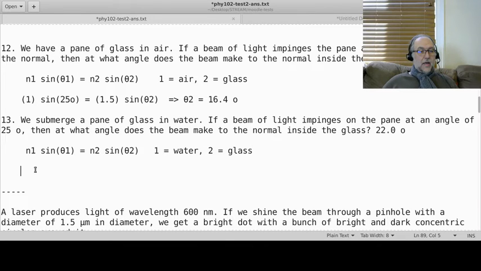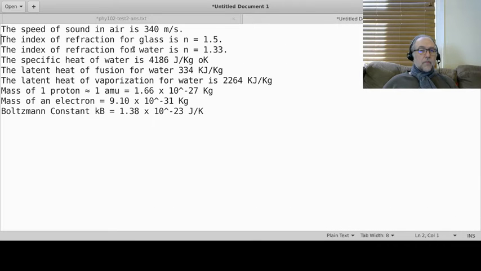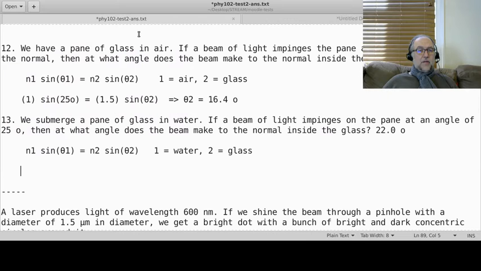If you look up the index of refraction of water, it's 1.33. So we'll put 1.33 in there. Sine, and the angle in the water is 25 degrees, and n2 is glass, 1.5, and sine of theta 2, which we don't know.